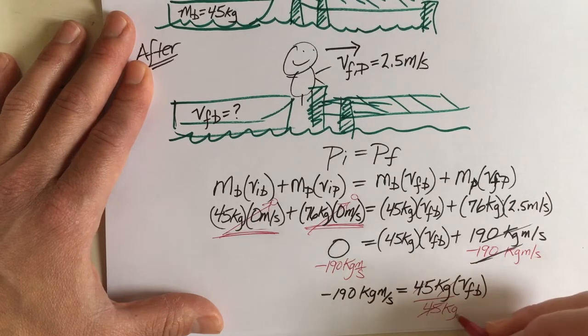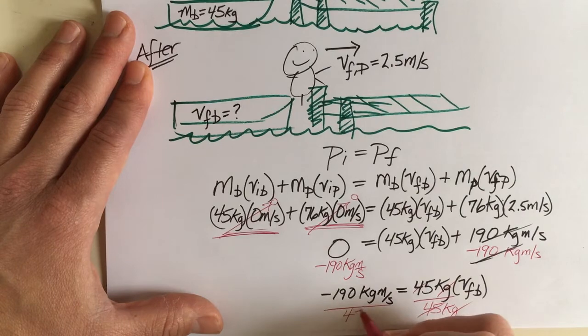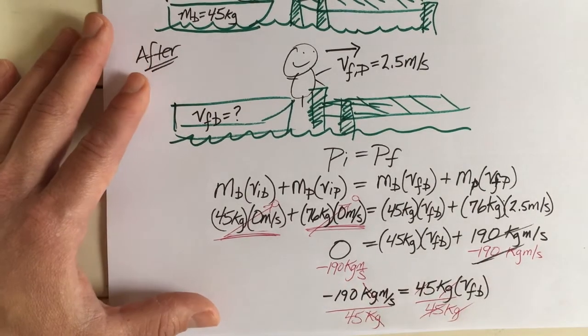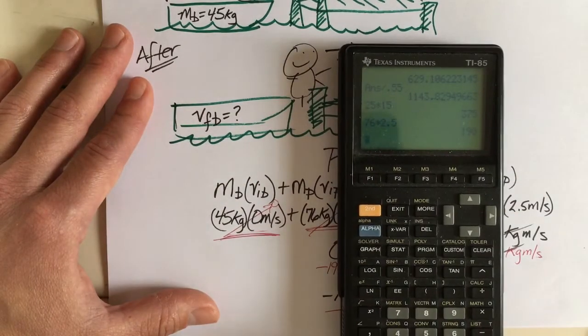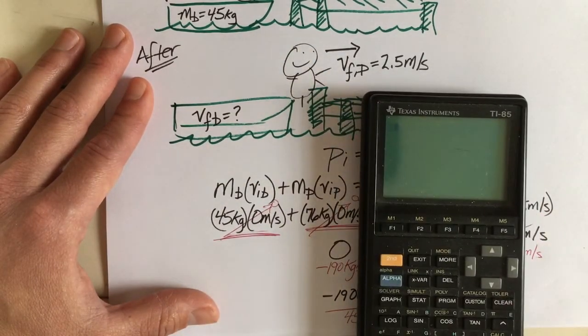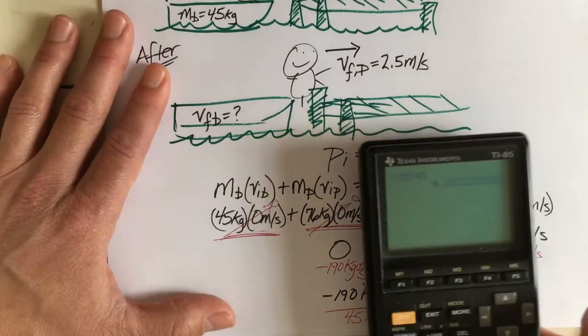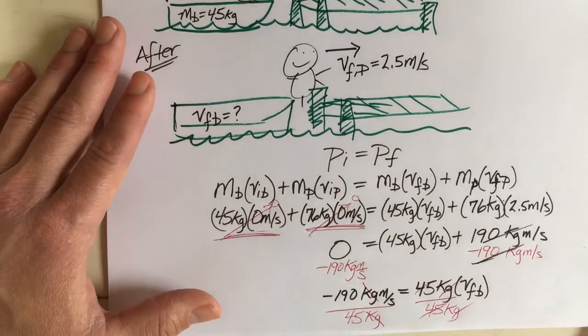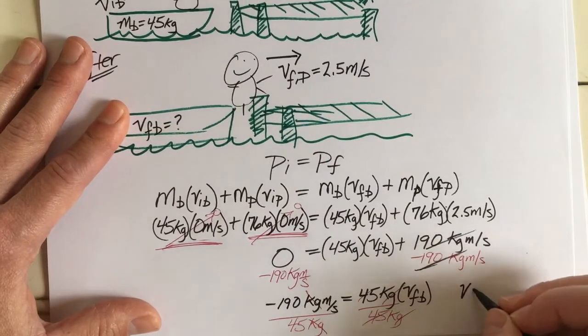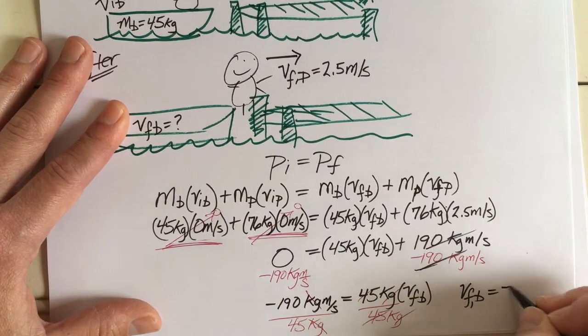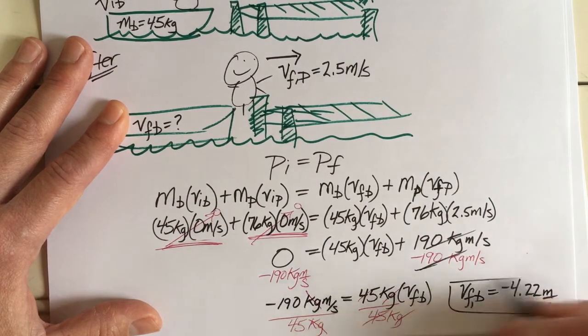Cancel the 45, cancel the kg. 190 divided by 45, well, negative 190, is equal to negative 4.2 repeating. So I'm going to go with negative 4.22. So we can say that VFB is equal to negative 4.22 meters per second.